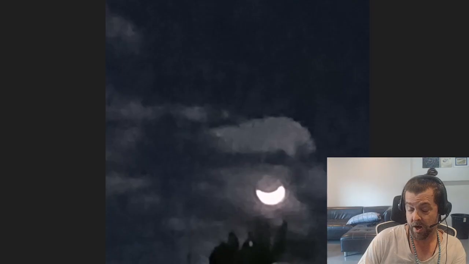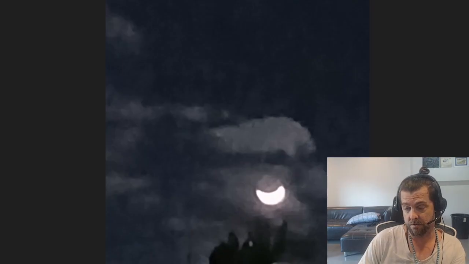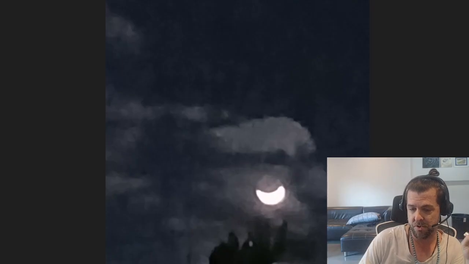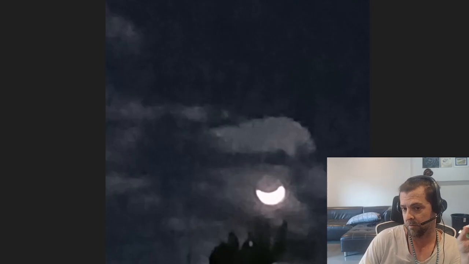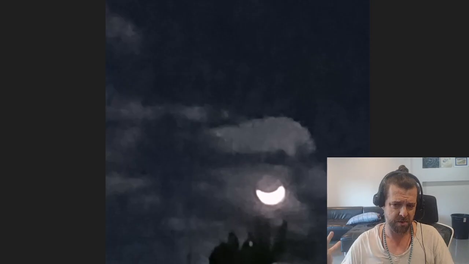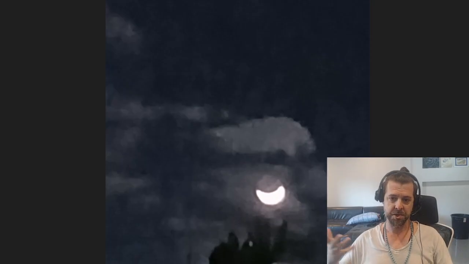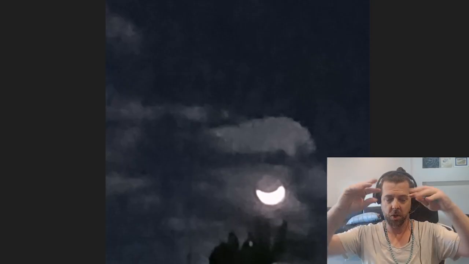I never saw it before that my whole life, and since then, especially in the last few years, I've seen it a lot more. It's just wild. When you look at the moon, it just looks like it's on fire, like with this glowy fire just enveloping it, right?